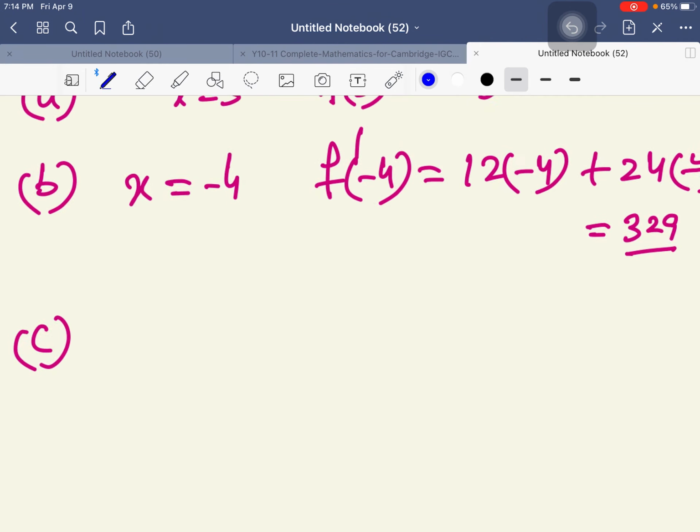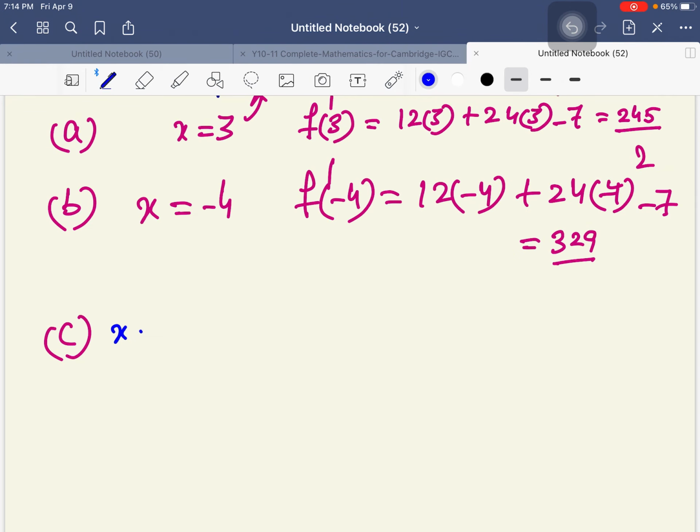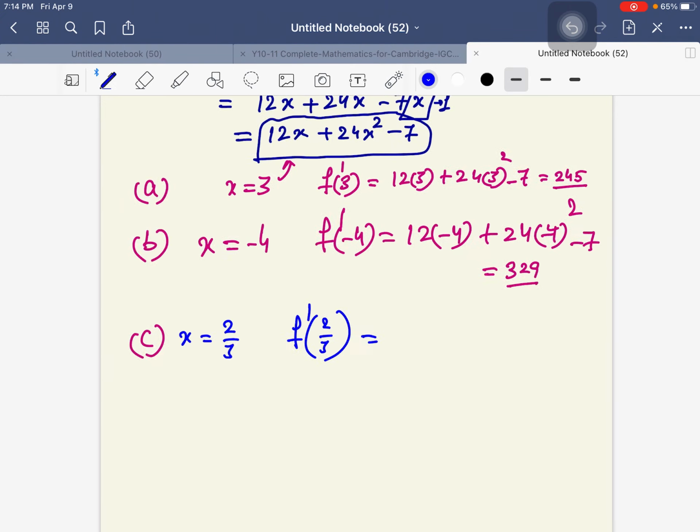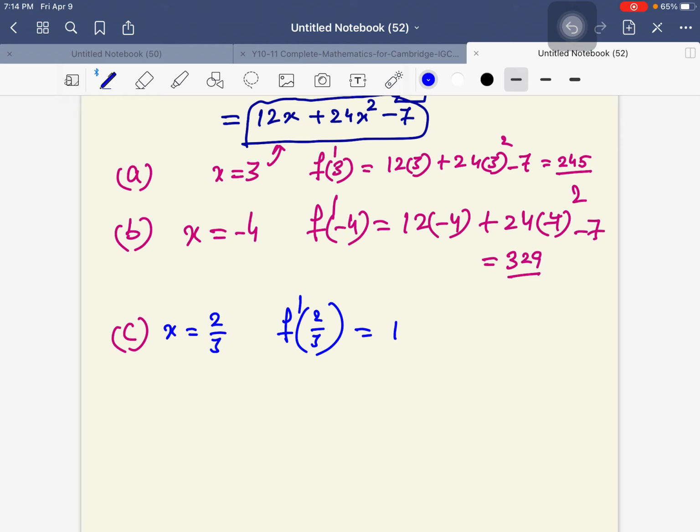So at x equal to 2/3, it will be f'(2/3), because f'(x) is 12x plus 24x^2 minus 7, it is 12 times 2/3 plus 24 times 2/3 whole squared, minus 7.